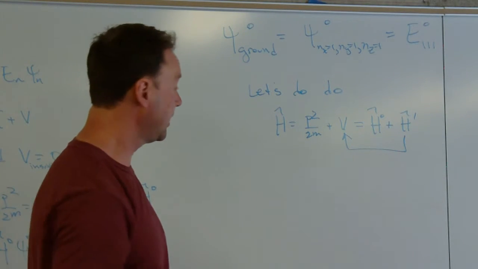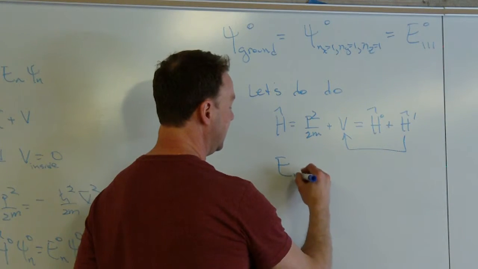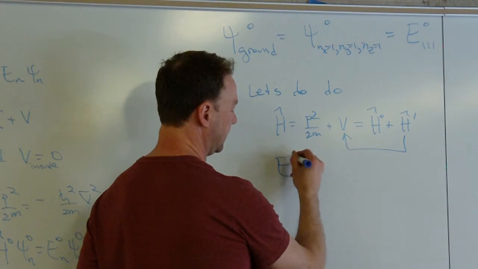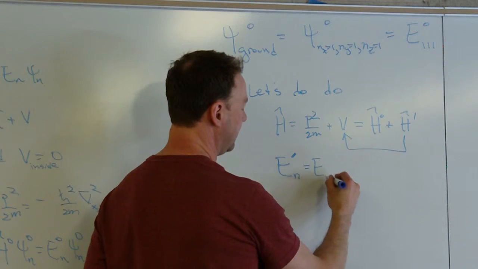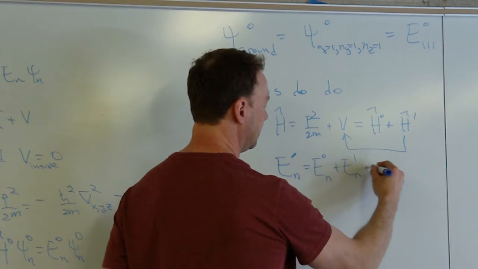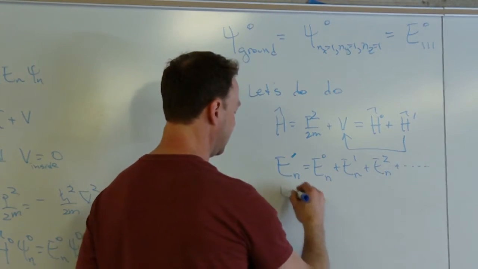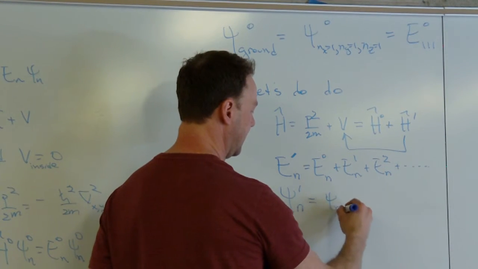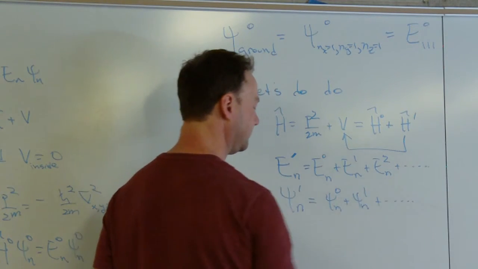All right, and what we say in perturbation theory is that the results we got, E_n prime, is going to equal E_n0 plus E_n1 plus E_n2 plus so on. And I'll say that psi_n prime equals psi_n0 plus psi_n1 plus so on.